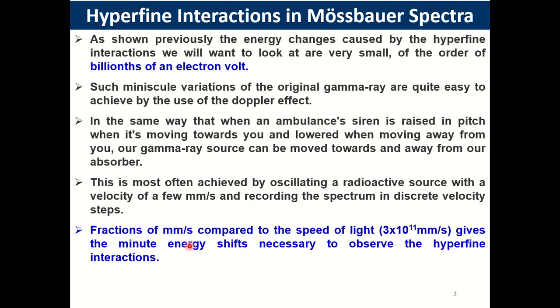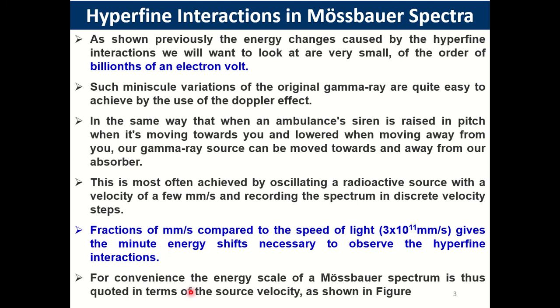If you compare this energy fraction per second with the speed of light, which is 3 times 10 to the power 11 millimeters per second, then this small energy shift is a necessary component to achieve resonant energy transfer to the nucleus in the ground state in the absorbing species, which has a different environment. The nuclei have a different environment as compared to the nuclei in the source.